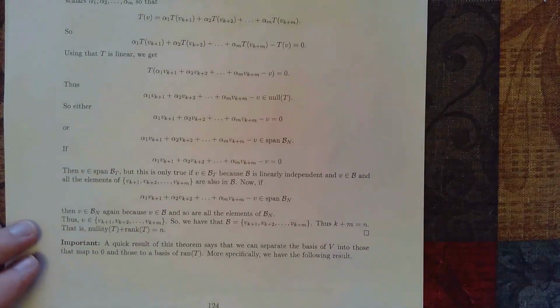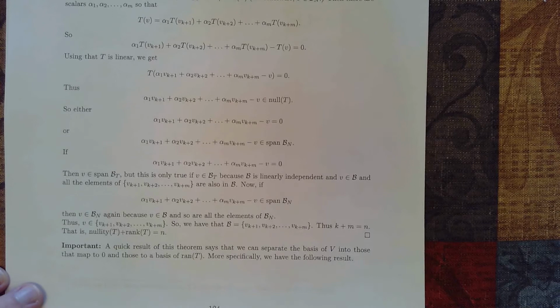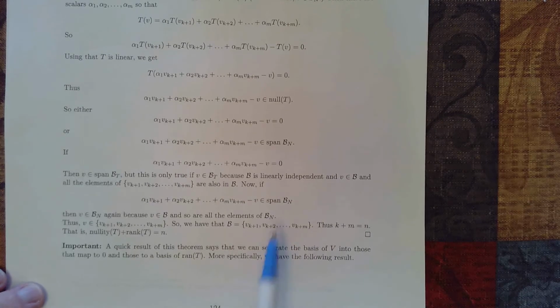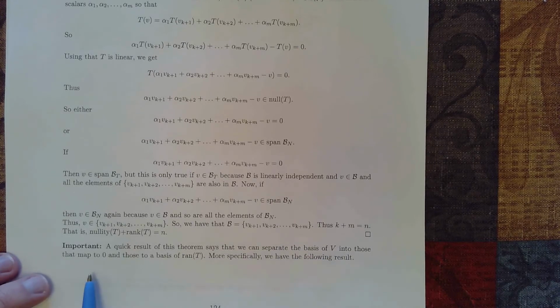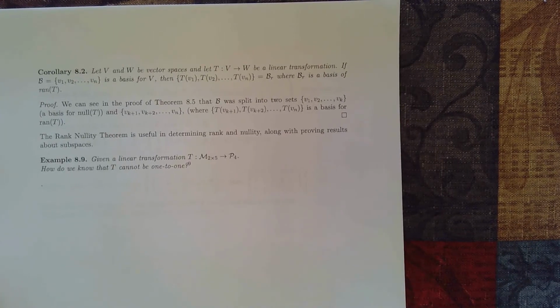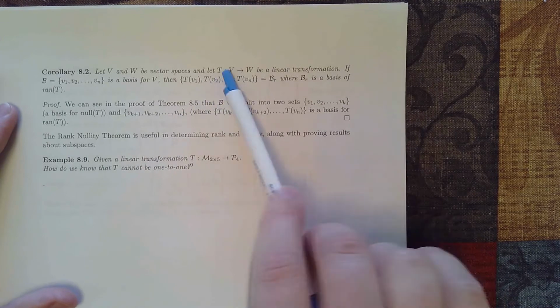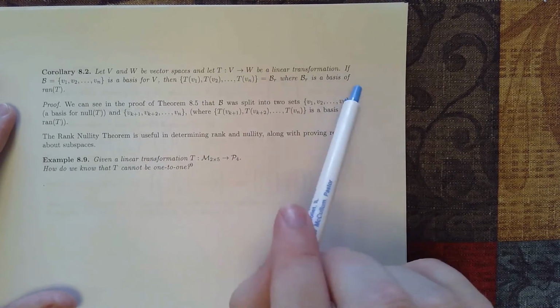So there's a very long, drawn-out proof for all of this. And one of the nice things is that this theorem says that we can separate our basis into the things that map to 0 and things that map to other things. And so this gives us another nice result that we can use. Let V and W be vector spaces and T going from V to W be a linear transformation.